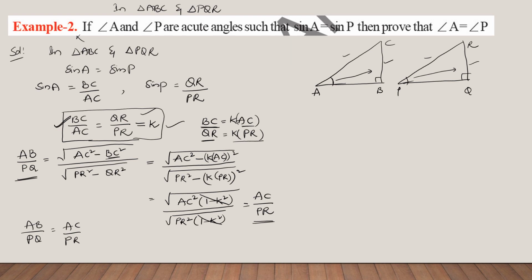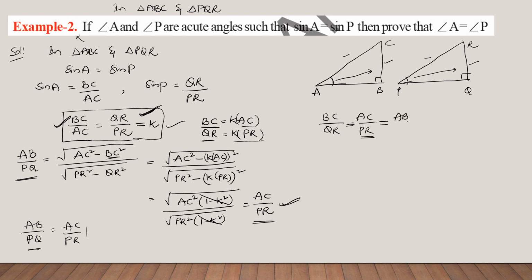See here, from this table you can see that BC by QR is equal to AC by PR. So you can write this particular thing like this now. And already, on solving this, we got AB by PQ is equal to AC by PR. Again this AC by PR I can write as AB by PQ, no?